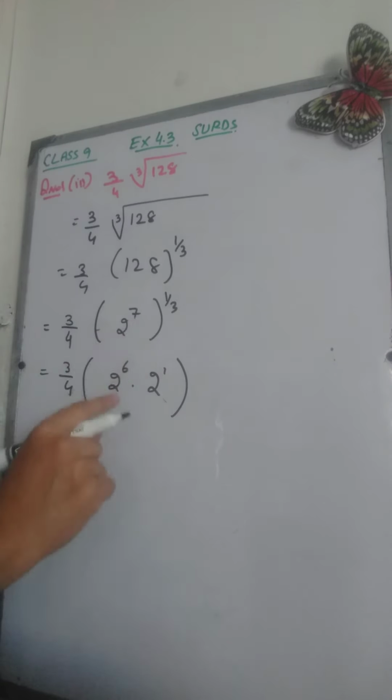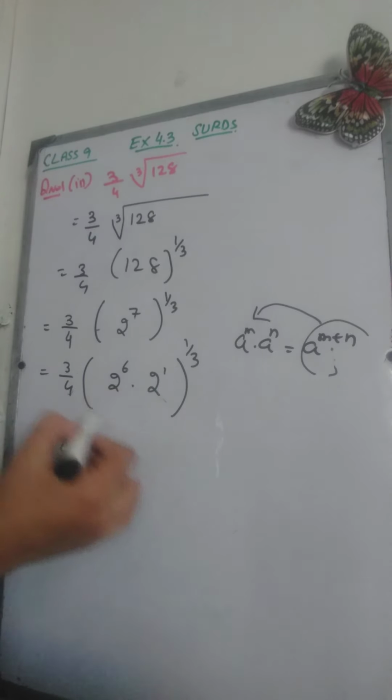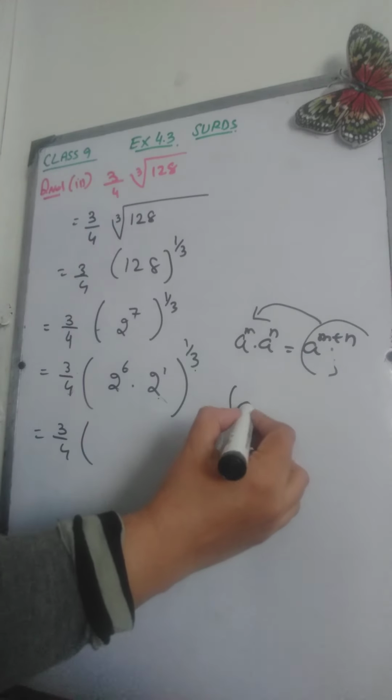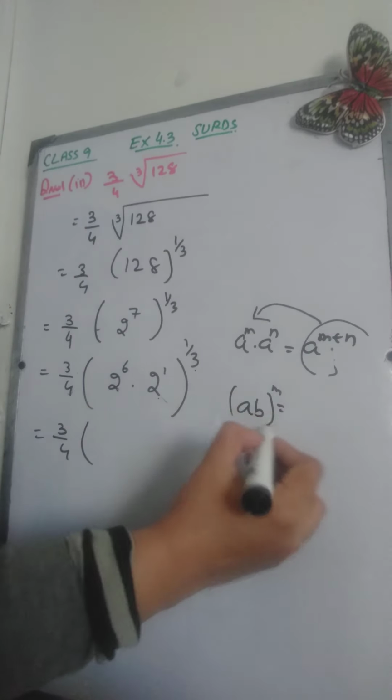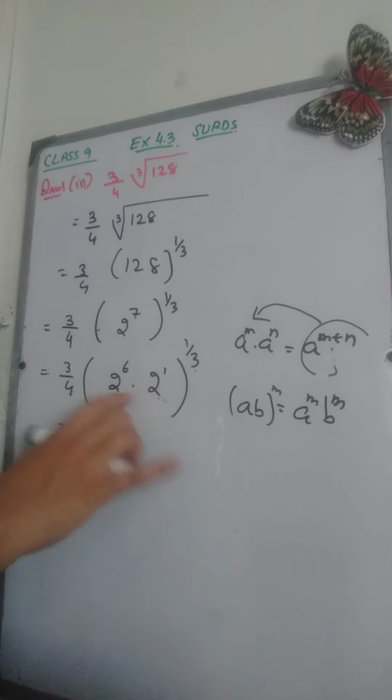So we get the power 1 by 3. Now we know that whenever you have the product of two numbers and you have a power over it, then (a into b) raised to power n is equal to a raised to power n into b raised to power n. The power is applied on each and every element of the product.